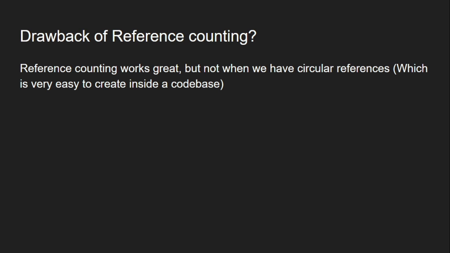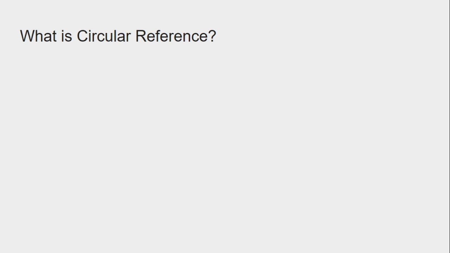What is the caveat? Reference counting works great, but not when you have something called circular references, reference cycles, or cyclical references. You will see different blogs mentioning this topic, but the main idea is this. What is a circular reference?